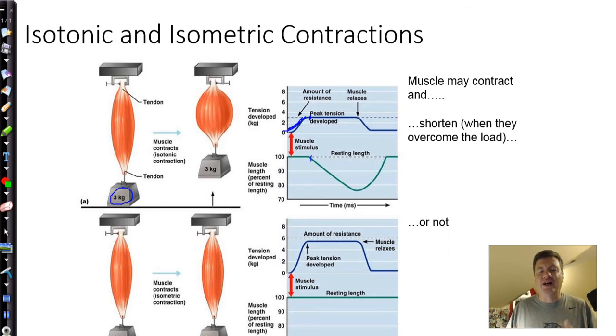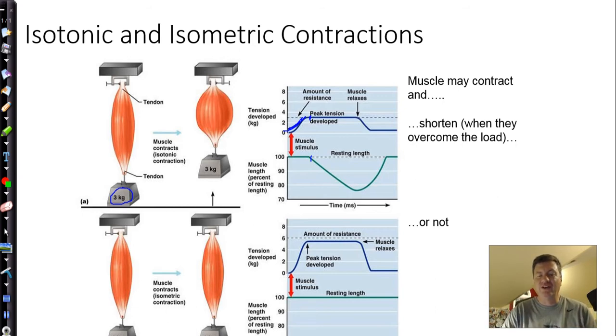That's an isotonic contraction. Isometric is a little different. Okay, isometric here, it's hard to see down here, it's cut off. This is a 6 kilogram weight, it looks like, or maybe it's 8. This muscle is going to start to contract. It's being stimulated, but the strength of the contraction is not enough to overcome the load.